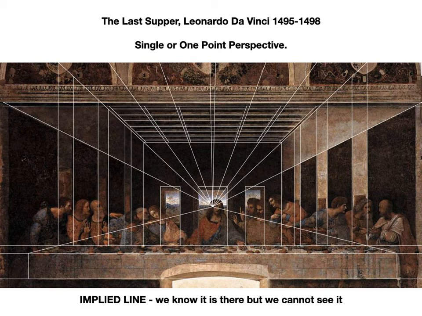So these lines are here within the painting, but we know they're there, but we cannot see them. So that makes them implied line. So this breakthrough of perspective as implied line is the number one thing that created the possibility for artists to make extremely realistic representations of space in the Renaissance.